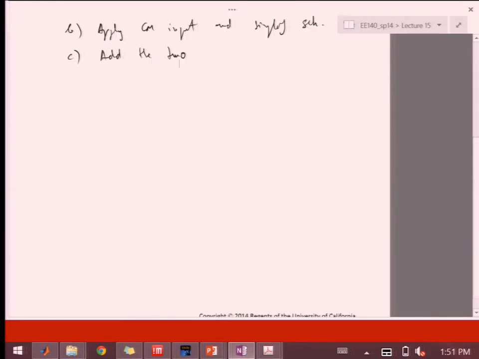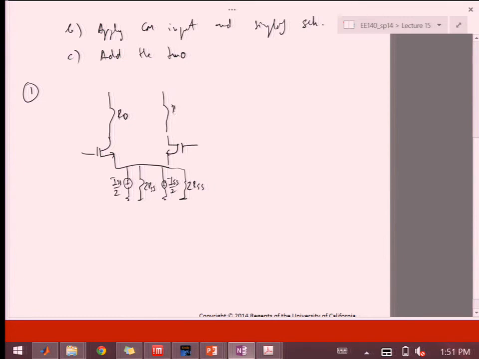Okay. So real quick, let's do it without doing small signals. I have my diff pair. I have my ISS and RSS, so I'm just going to draw them as ISS over 2 RSS, and then a symmetric thing over here, with RD.